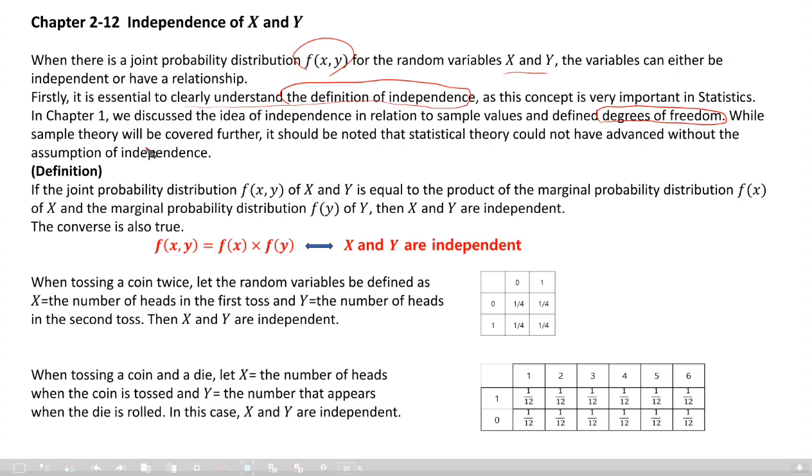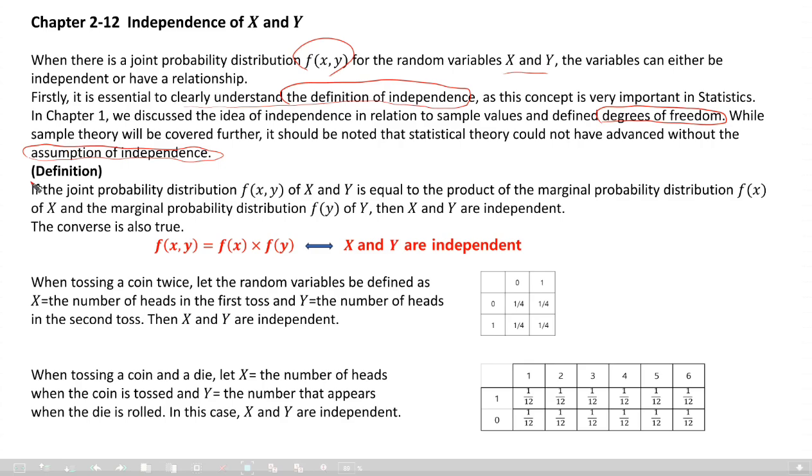While sample theory will be covered further in Chapter 3, it should be noted that statistical theory could not have advanced without the assumption of independence. So it is a very important base assumption in statistics.